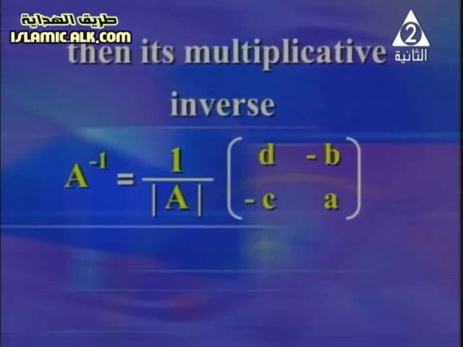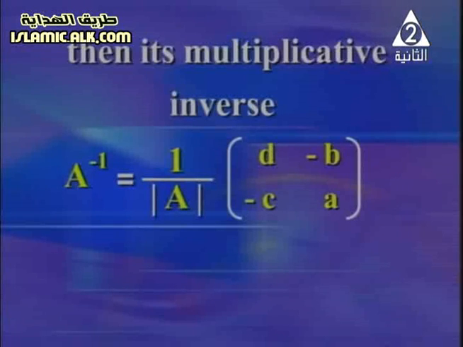Look, student. The inverse of the matrix is 1 over the determinant of A multiplied by a matrix in which we replace the elements of the principal diagonal and change the sign of the elements of the second diagonal.